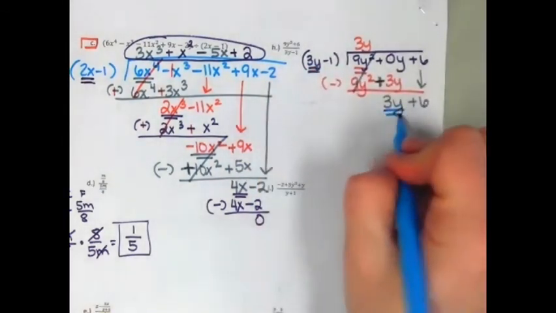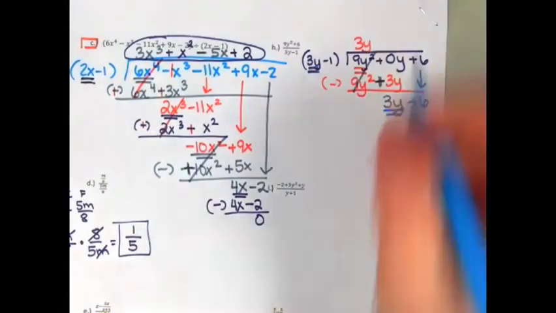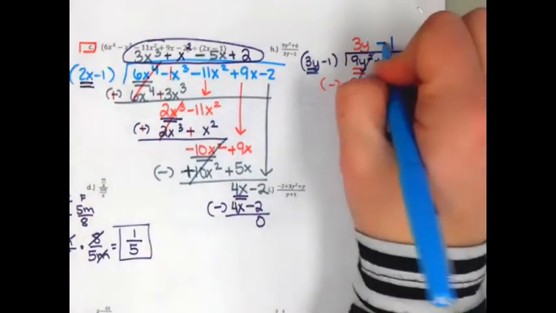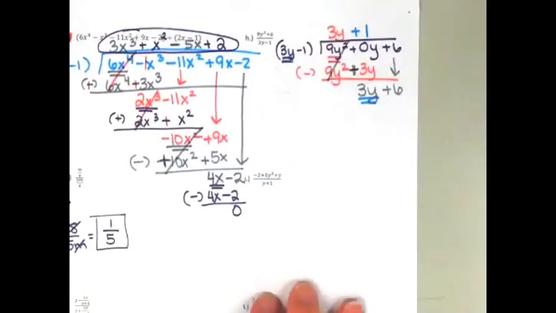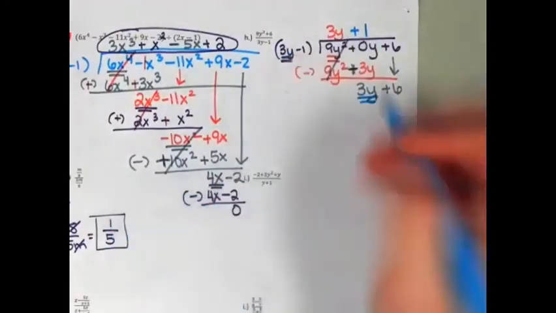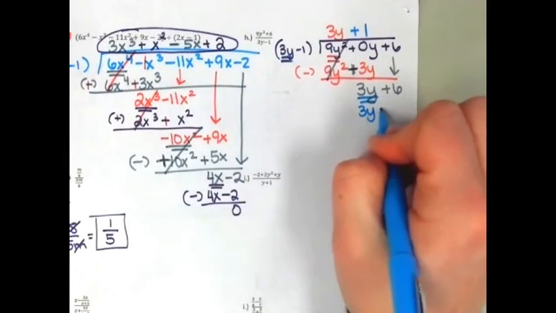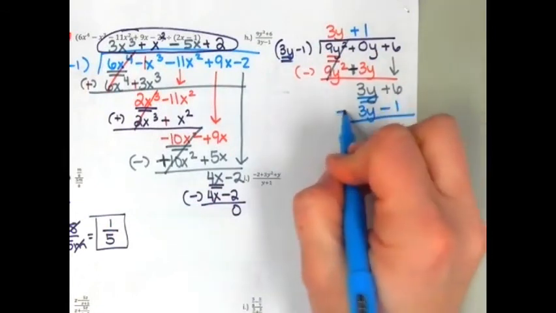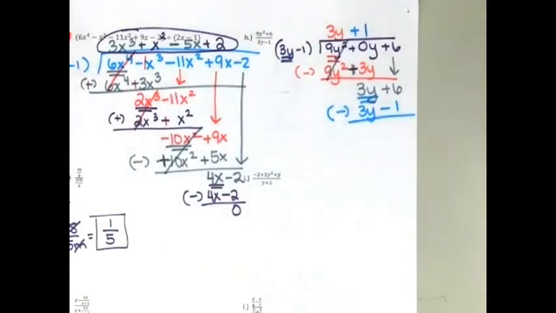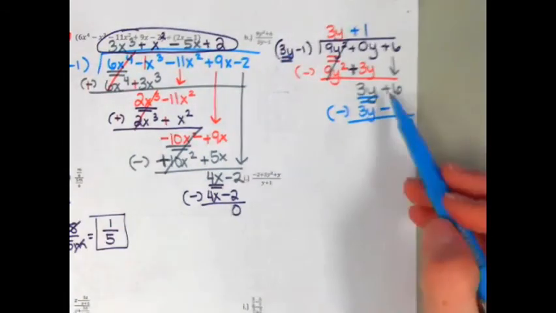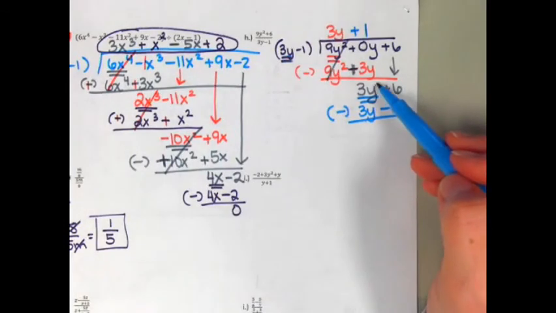3y times what gets me to 3y? 1, positive or negative? So I'll put a plus sign. And now we multiply. What's 1 times 3y minus 1? 3y minus 1. And then we subtract. Did you get it or no? All right, give me a second, I'll get it for you. What's 3y minus 3y? 0.